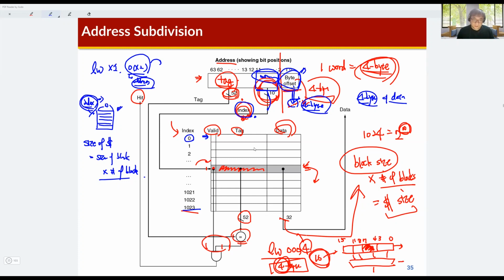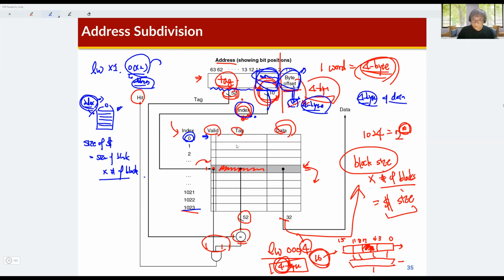But this is a direct mapped cache, so we can use this part as the index of the cache. We don't need to store this part because we already know it from the index number of the cache. So we just store the remaining part, and this remaining part is called the tag.